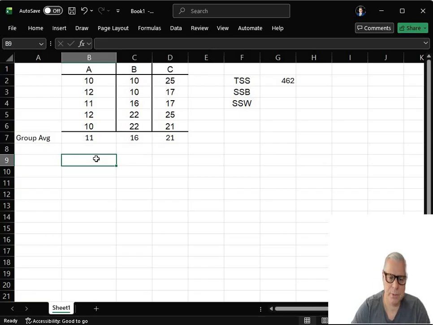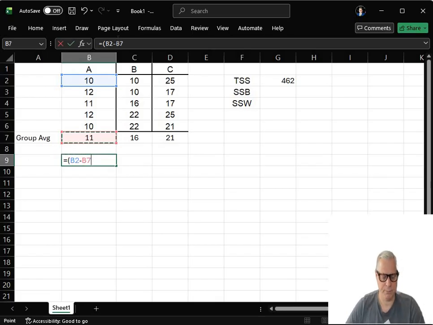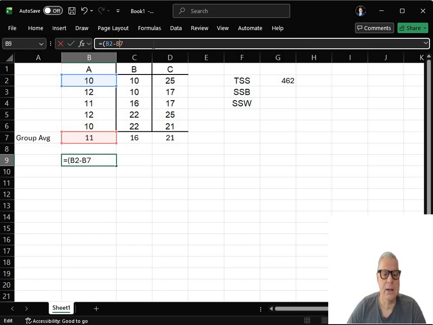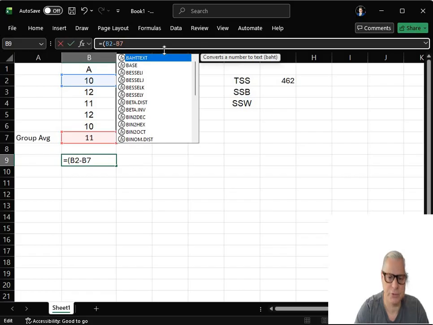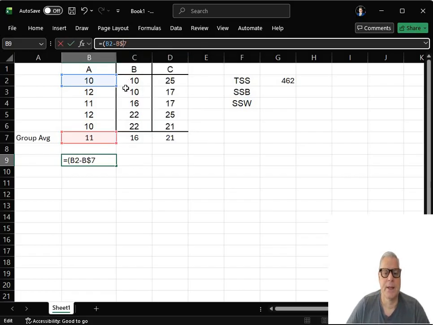So next we need to calculate the sum of squares within each group. So that means each observation within each group, from each observation we subtract the group mean. But now you see I only anchor the row because I want to copy that formula to the right. So I just put a dollar sign in front of the 7. So B7, that is where I have my group average for A, and then we close parentheses and then square it.